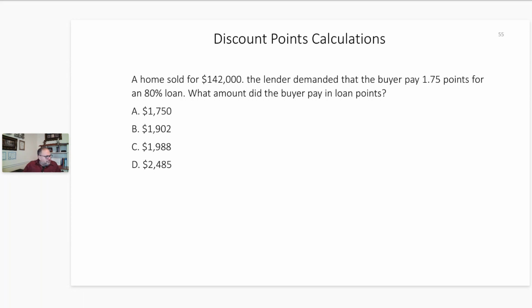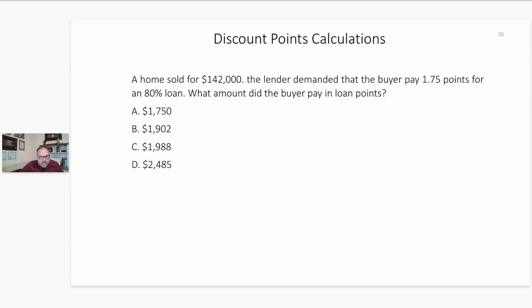All right. So let's go and work this out. A home sold for $142,000. Lender demanded that the buyer pay 1.75 points for 80%. Now, the basic formula, number of points, 1.75 points is 1.75% or 0.0175. But we don't multiply it times 142 because that's the price of the home.